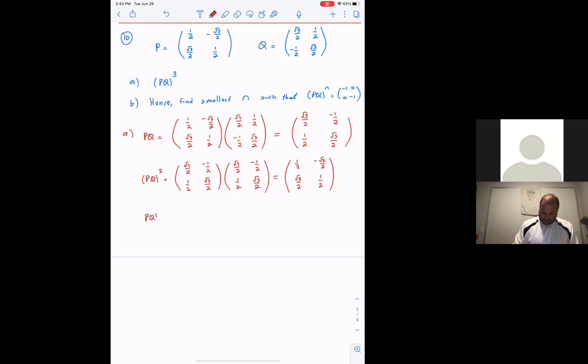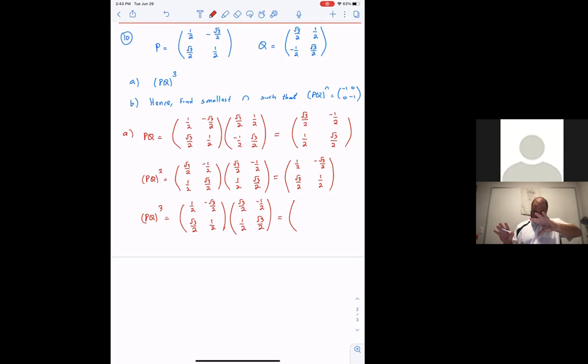So therefore, PQ to the third power is PQ squared times PQ again. So if I take PQ squared, which I just found, and I multiply it by PQ, which is root 3 over 2, negative 1/2, 1/2, root 3 over 2, this gives me root 3 over 4 minus root 3 over 4, which is 0.